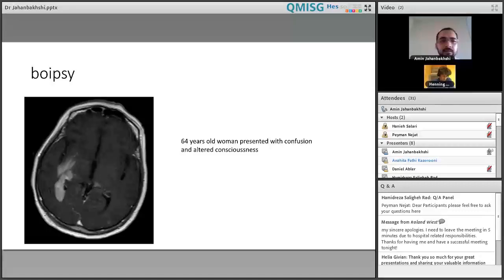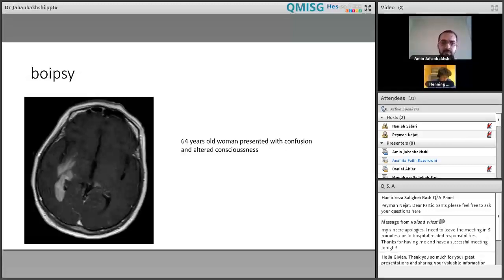It is another case I had about 3 weeks ago. A 64-year-old woman presented with confusion and altered consciousness. You can see there is a clear lesion with marked enhancement on the right parietal lobe, and this lesion may be lymphoma or glioma.